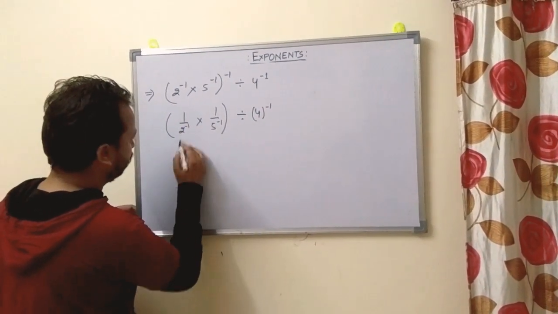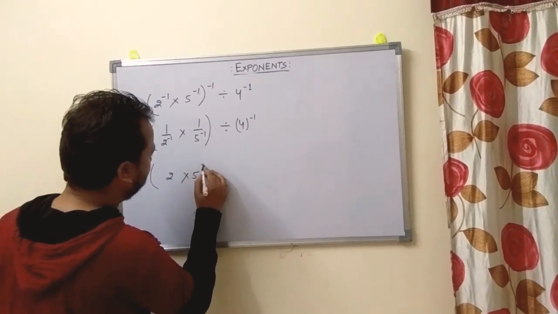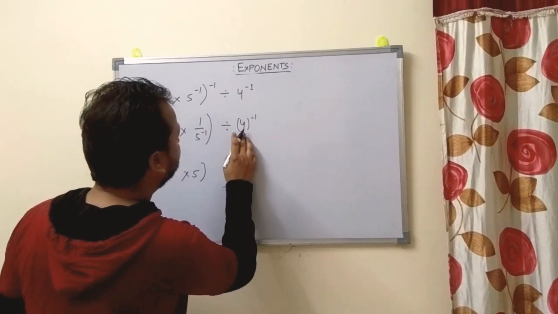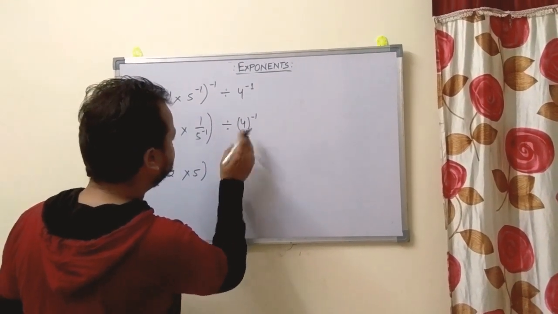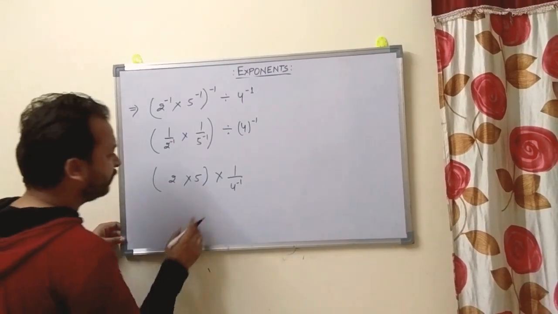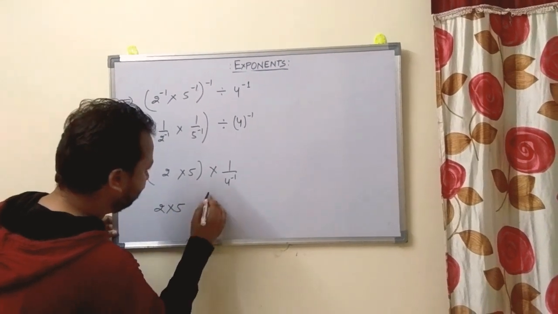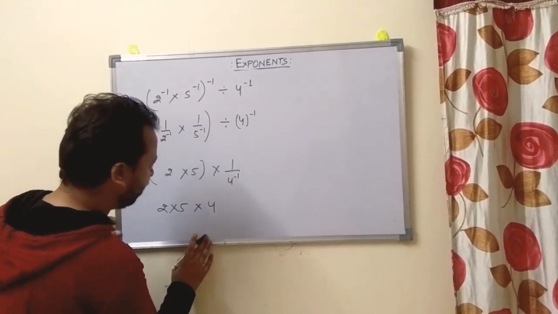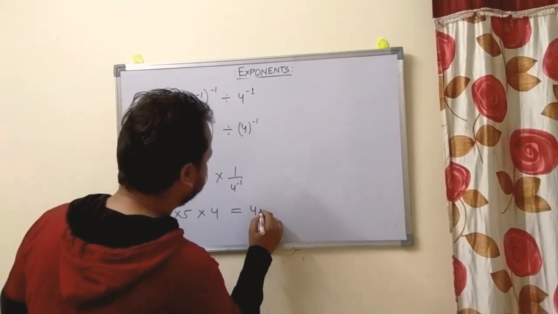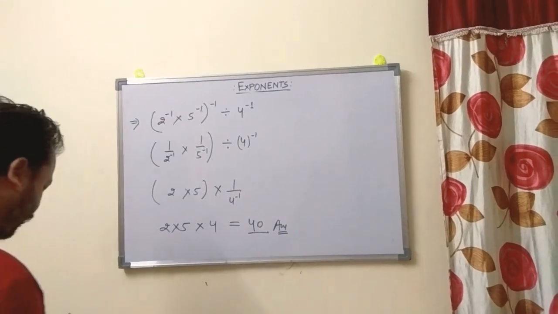Now take the reciprocal of this, so 2 multiplied by 5, and if we are changing the sign, it becomes 4 power minus 1. Take the reciprocal of this, 2 multiplied by 5 and also multiplied by 4. 2 5 is 10, 10 4 is 40 and this is the answer.